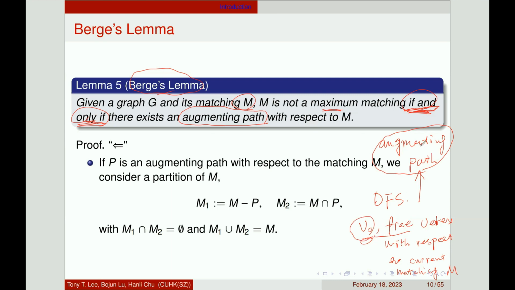So starting from a free node, we can definitely tell whether an augmenting path exists or not. If starting from V0 an augmenting path can be identified, then the cardinality of the current M can be enlarged by 1.